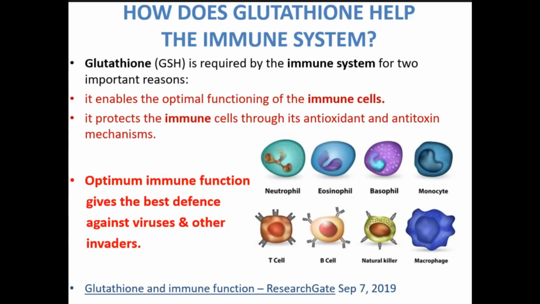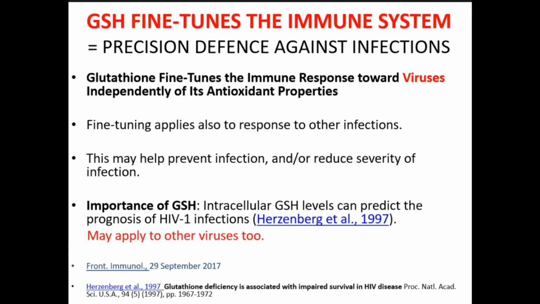So with that, you get optimum immune function that gives the best defense against viruses and other invaders. And glutathione fine-tunes the immune system that gives precision defense against infections, including viral infections. So this fine-tuning applies also to other infections, and this may help prevent infection or reduce severity of the infection.